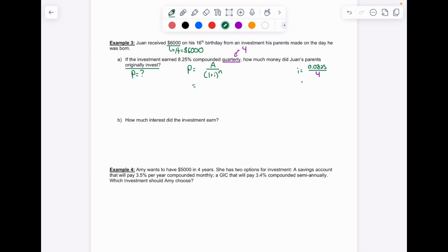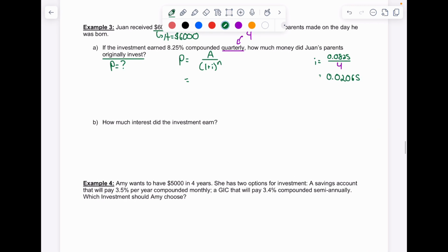So, I need my calculator, 0.0825, and I divide that by 4, and I get 0.02065, and then n is again the years that you're running this experiment for, times the compounding period, so times that 4, right? Well, what is t?